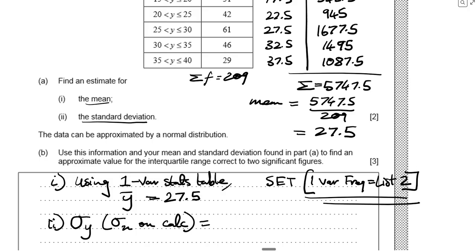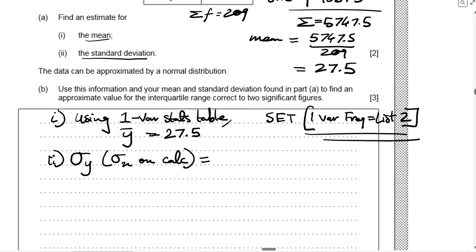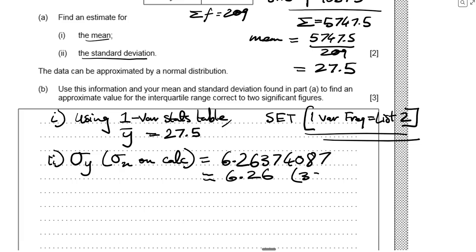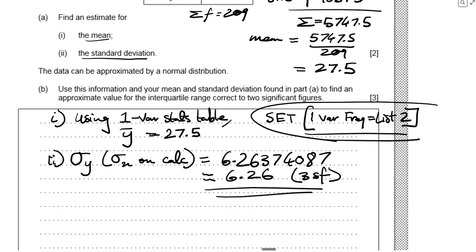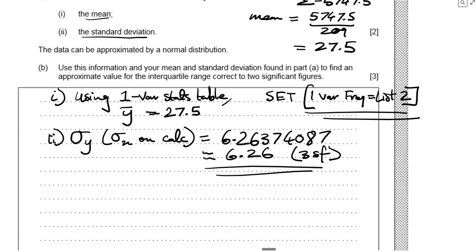That is what we need. And so what I end up getting, if I do that, is 6.26374087. So do check the whole thing. And that is equal to 6.26 to 3 SF. And that is our answer. So this is important, understanding how to use our calculator.